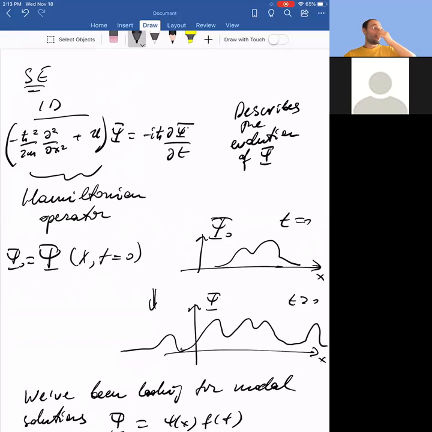You can build more general wave functions out of a superposition of these stationary states, a superposition of well-defined energy states. Then if you measure energy, you might get a spread of outcomes distributed according to the coefficients. But that's what we've been doing. We've been looking for these stationary states.